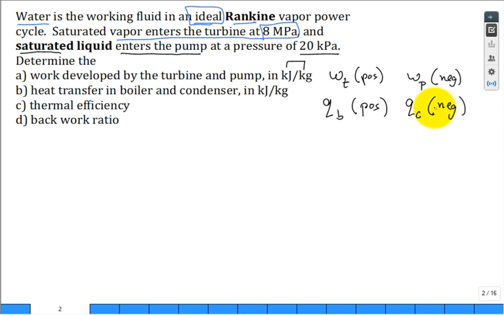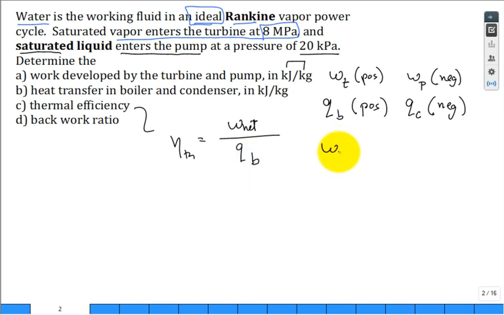Then the cycle thermal efficiency, how do we calculate that? Well, we get Wnet, that's what we wanted to achieve, net power out of the cycle, and we divide it by what did you have to purchase? You had to purchase the heat in the boiler, by burning a precious fuel. You had to burn that fuel, so the heat comes out of the fuel.